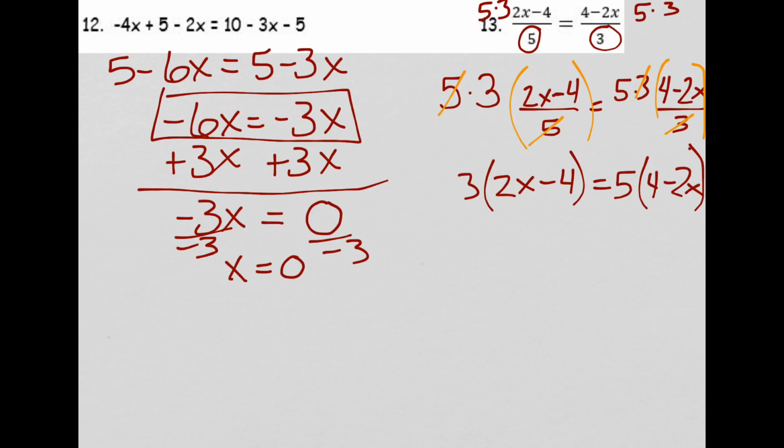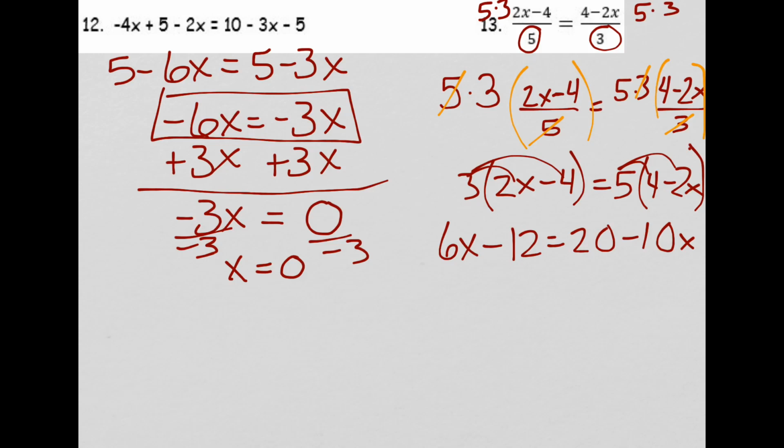Now I have to do some distributing, but this isn't a very complicated equation. 3 times 2x and 3 times negative 4 equals, okay, distribute the 5, and you're going to get 20 minus 10x. Oh, looky there. What have we got? We have our landmark equation that has a variable and a constant, and a variable and a constant.